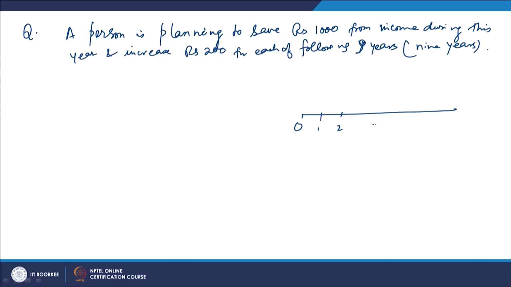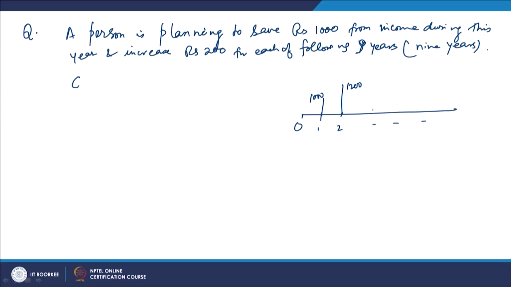In that case you will have this series, with periods 1 and 2 and so on. In the first one he is saving 1000, and then 1200 or so.